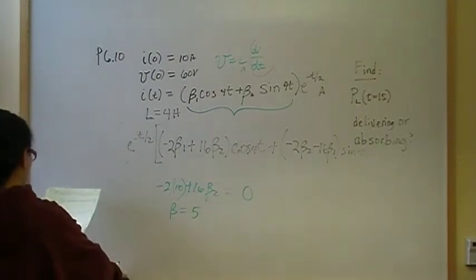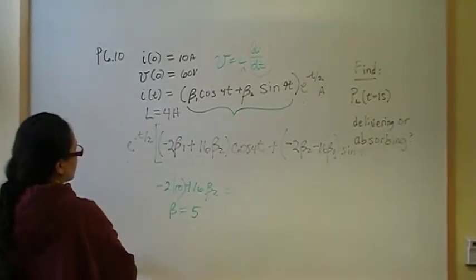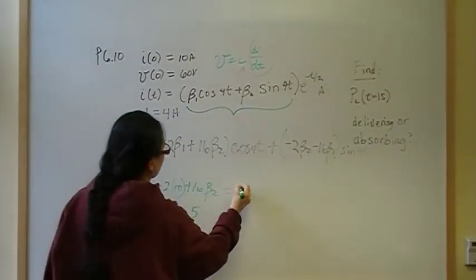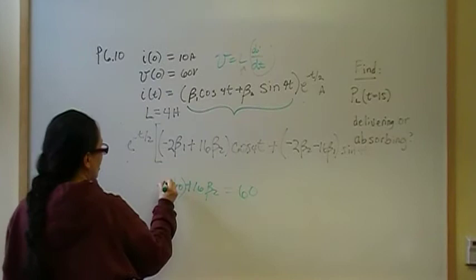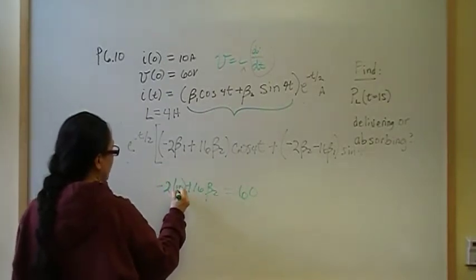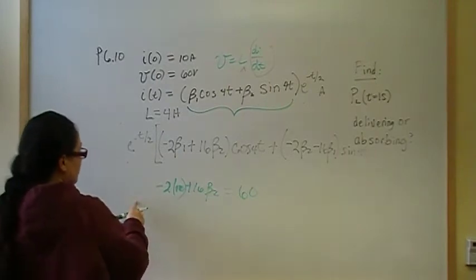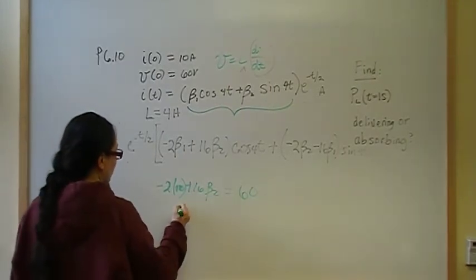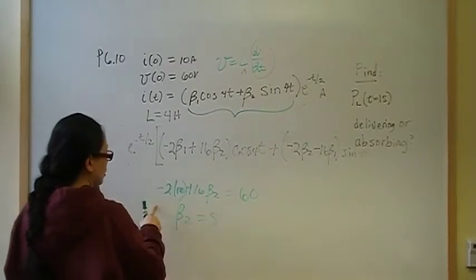Hang on. Oops, it's not equal to 0, you guys. Voltage at 0 is 60. So we have negative 2 times 10 plus 16 beta 2 is equal to 60, because this was V of 0. So then when you solve for that, beta 2 should equal 5, because 60 minus 20 is 40.